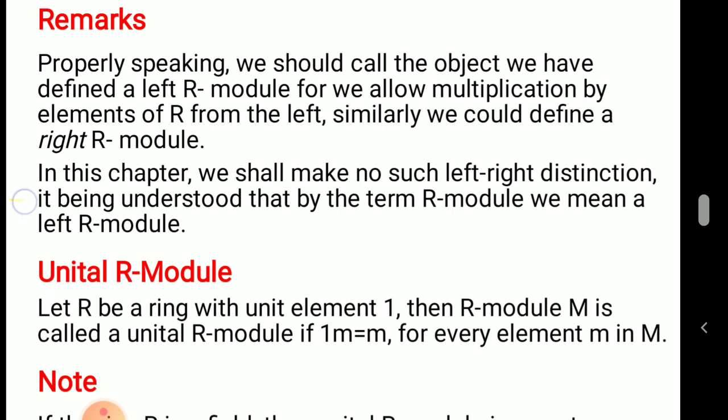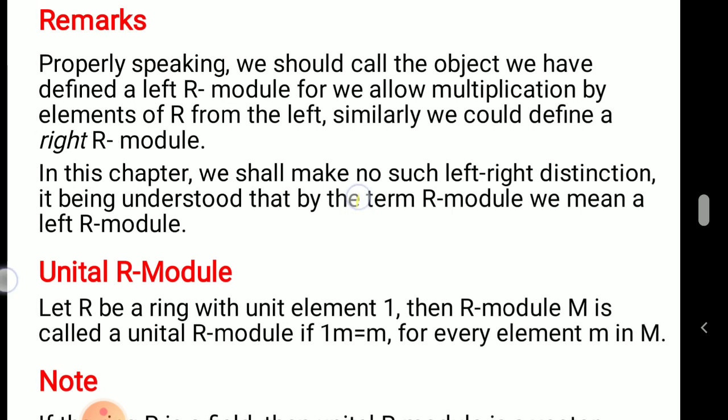Is it clear? Now we shall define a unital R module. Already I have told that the ring R does not necessarily contain the unit element. If it contains the unit element 1, such a ring is called a ring with unit element.